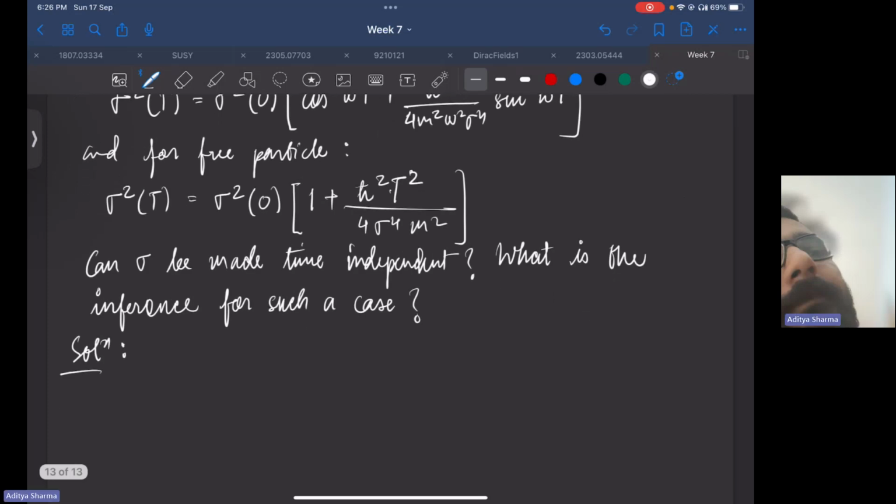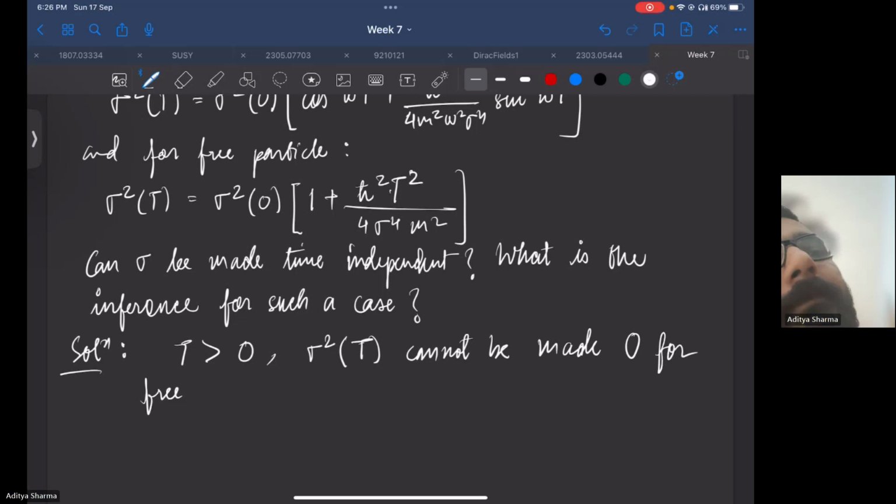So you can see that for t greater than 0, sigma square t cannot be made 0 for the free particle.